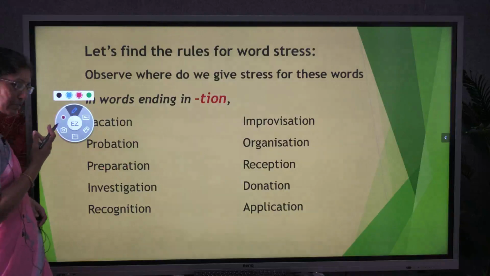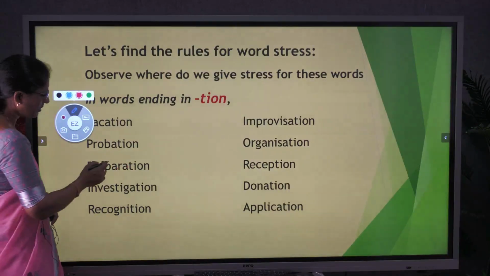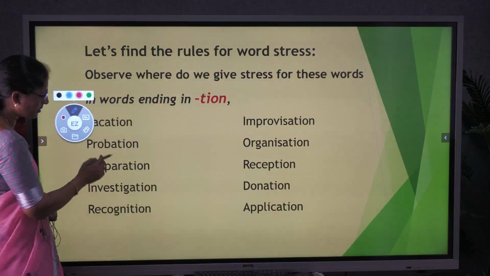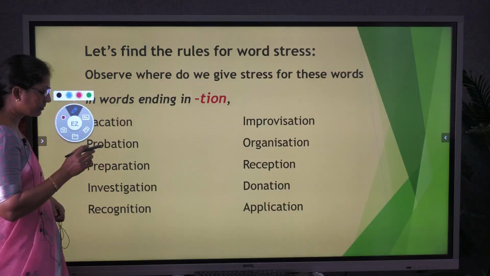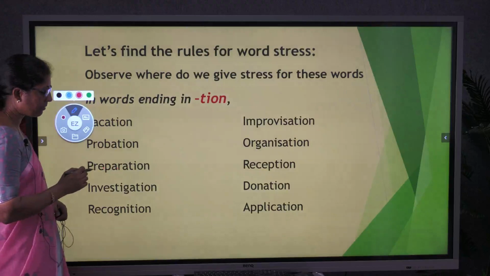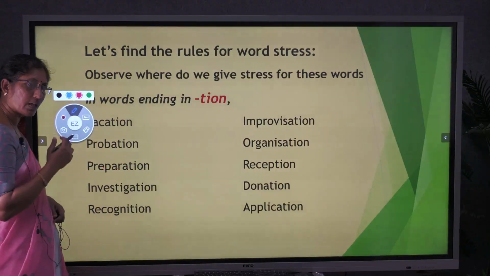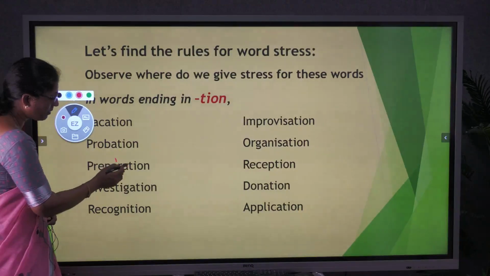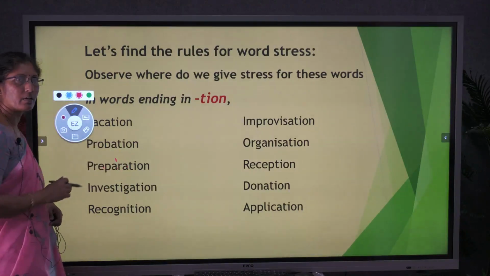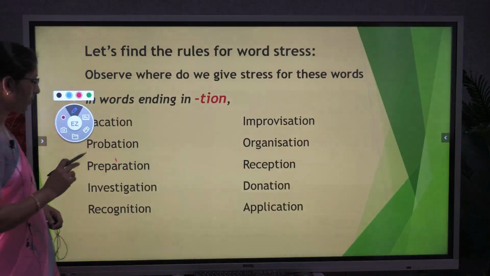Is it acceptable? No. If you put stress on the penultimate syllable, preparation. If you give stress on the last syllable, preparation, which is acceptable. When you give stress on the syllable before the suffix, then it is acceptable.